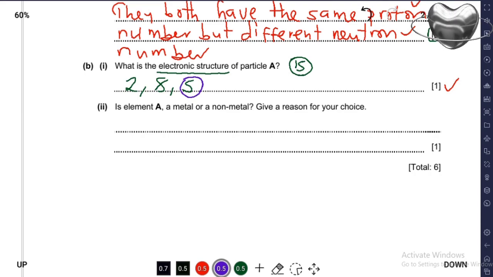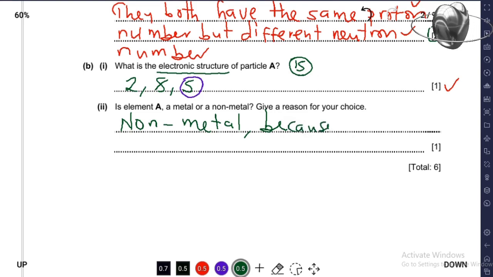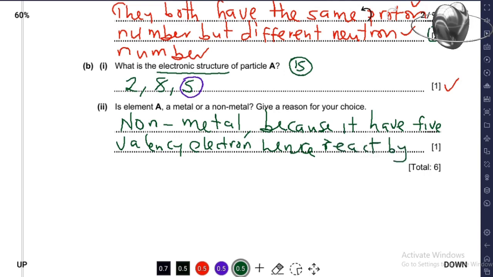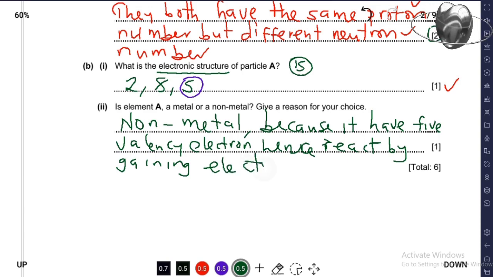Therefore, we are going to say it is a non-metal, because it has 5 valence electrons, hence react by gaining electrons.